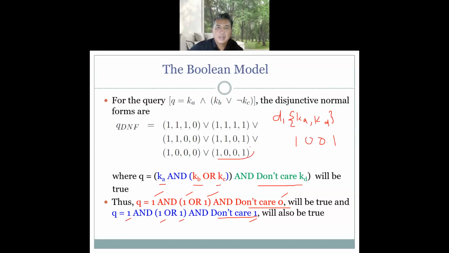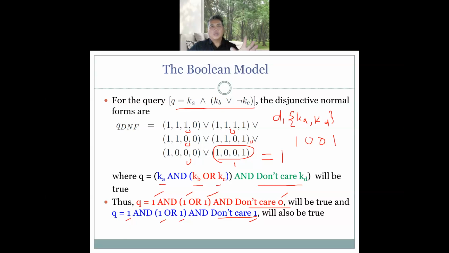So which is this one? If this is 1 and the rest is 0, the value for the disjunctive normal form will be 1. So this is the document that will be retrieved with respect to this query.